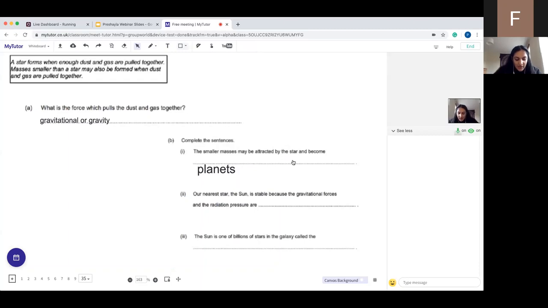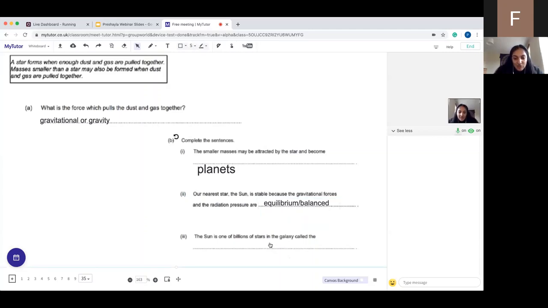They are in equilibrium. So they're in equilibrium, or they are balanced, they're equal, any of those are fine. So if those gravitational forces and the pressure from the radiation coming from the inside are balanced, then we have a stable star.